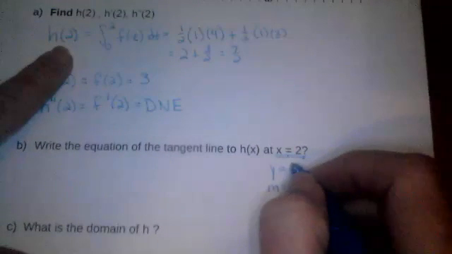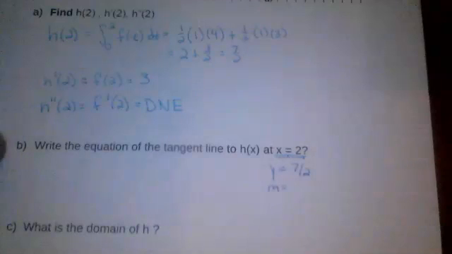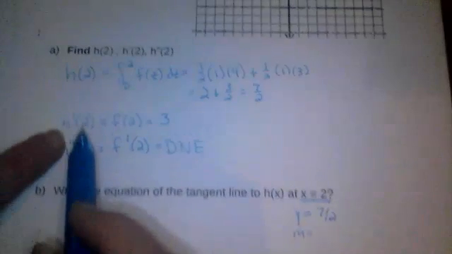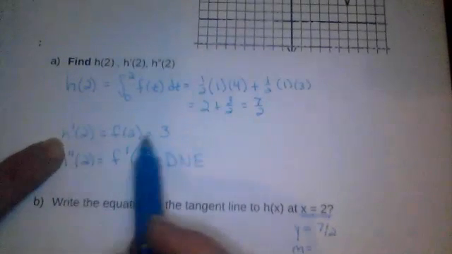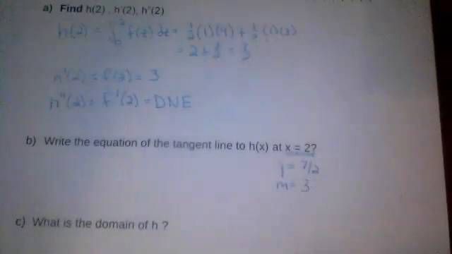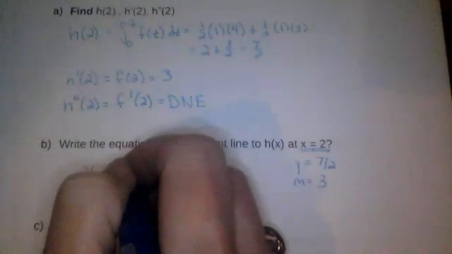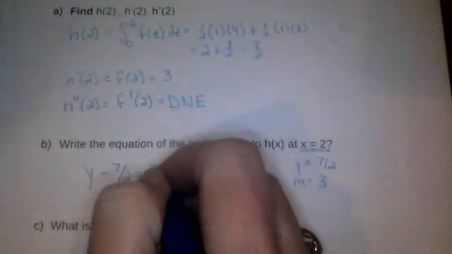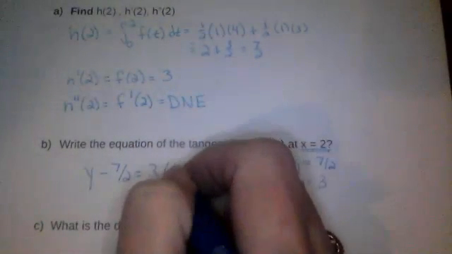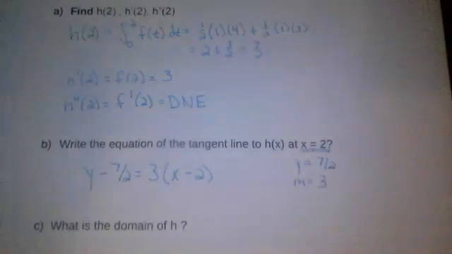So y is 7/2. The slope would be the derivative of h at 2, and that was 3. So my equation is going to be y minus 7/2 equals our slope m times x minus 2.